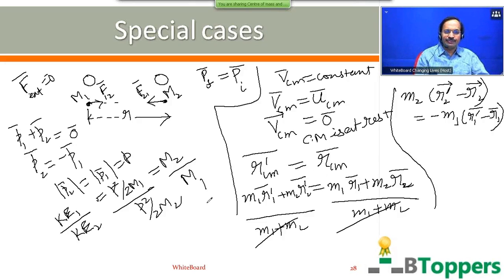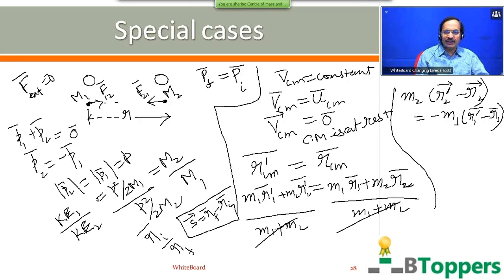As I discussed earlier in vectors, when the position of a particle changes, if Ri bar is the position vector of the initial position of a particle and Rf bar is the position vector of the final position of the particle, the displacement of the particle in vector form we write as Rf bar minus Ri bar.